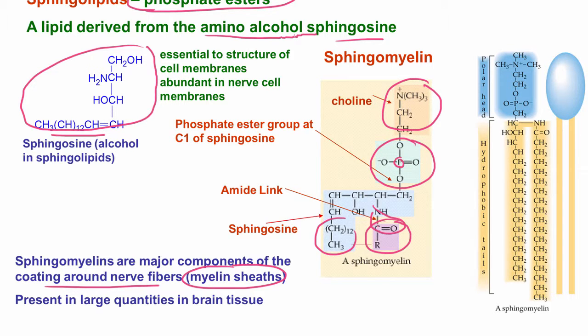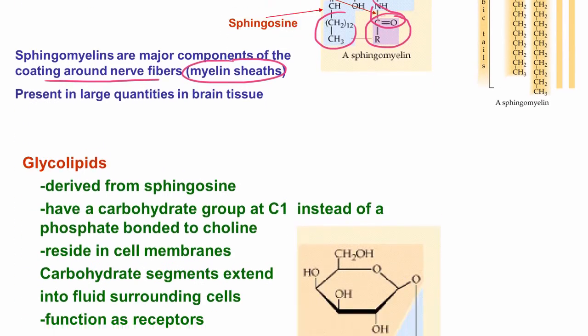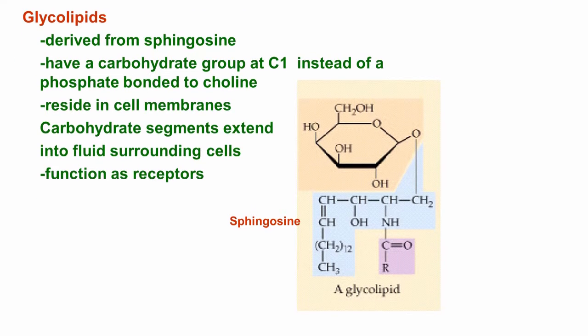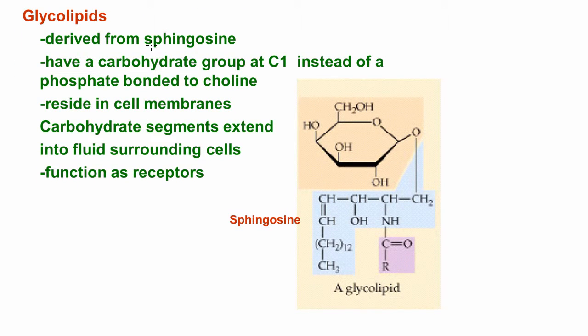The next would be the glycolipids, and these are actually derived from sphingosine. And instead of a phosphate group, what they have is a carbohydrate group, okay? And we see that this carbohydrate group is bonded at carbon 1. So we don't have the phosphate group.